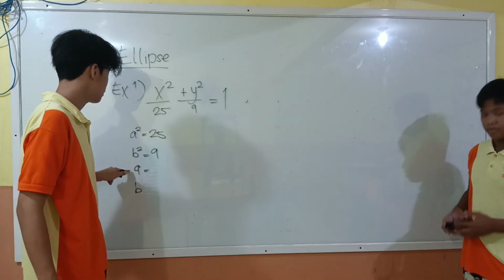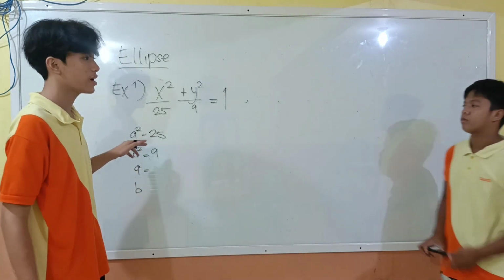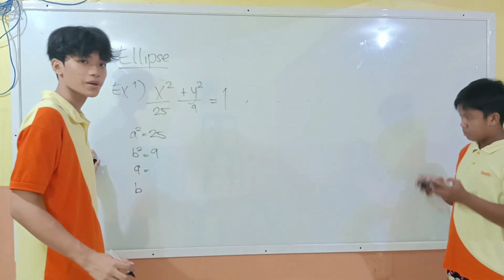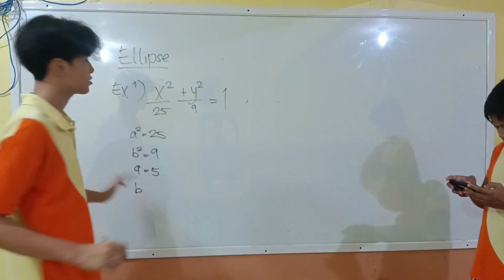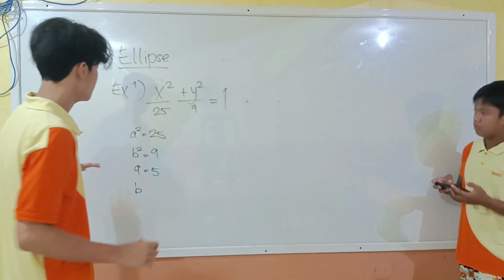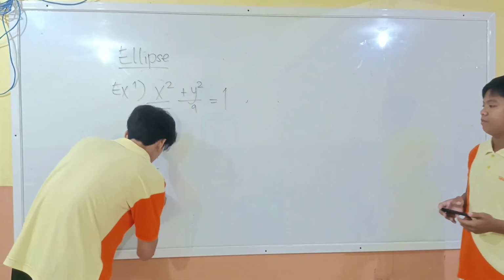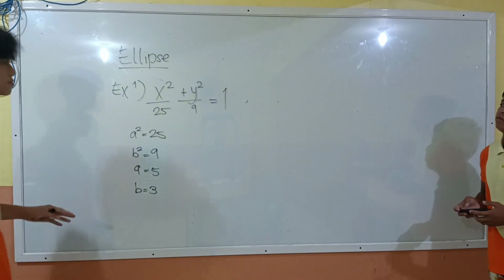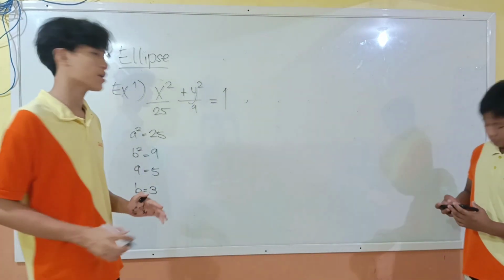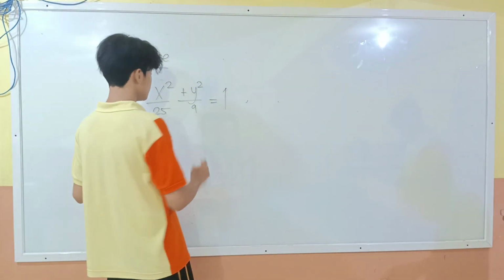So the value of square root of 25 is 5. Am I correct? Can you check? Yes. 5. Then the square root of 9, you would get 3. So this is the first step. We get our values. And then for the next step, we get our foci.